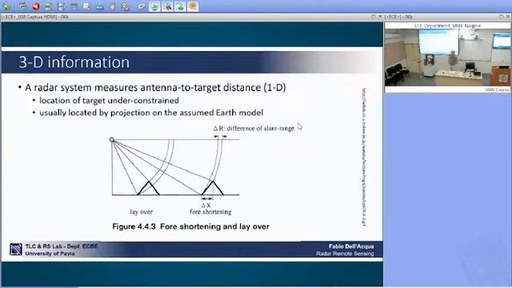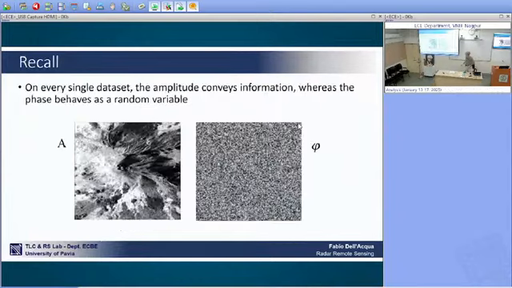When you start receiving the backscattered field, at the beginning this is the response from this side, and then increasingly from more distant places until you reach the end of the wave. In the other direction, the mechanism is more complicated, but it's linked to the motion of the satellite.